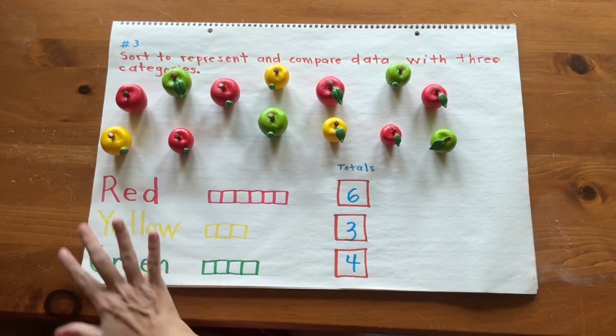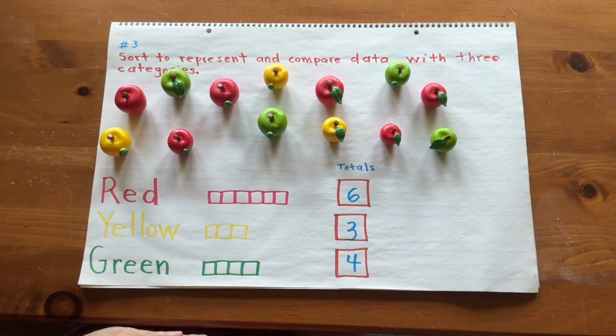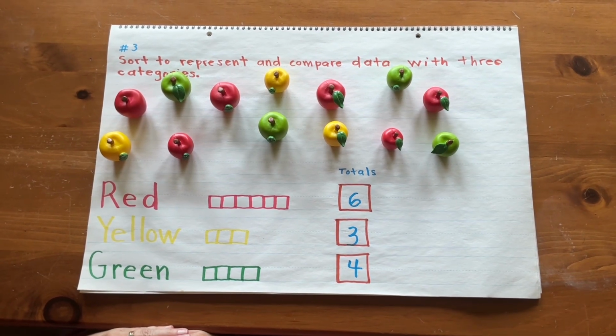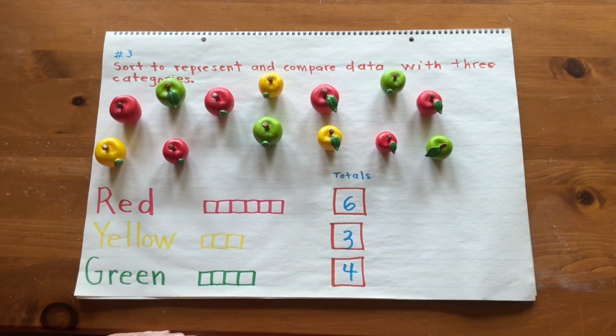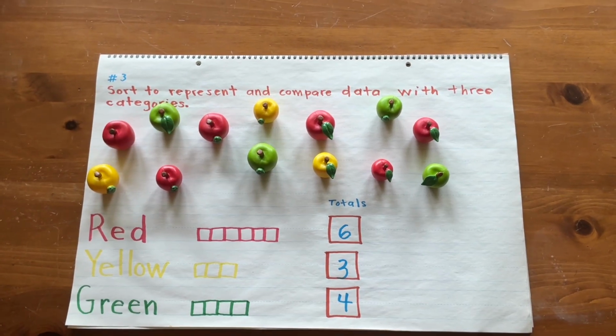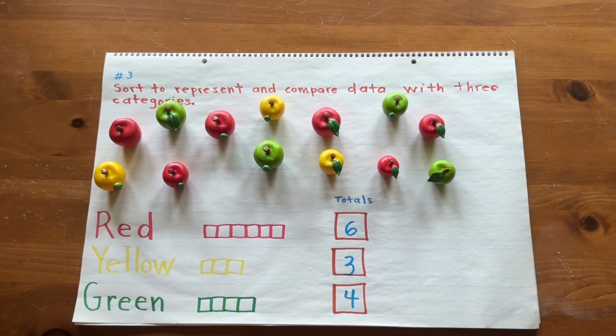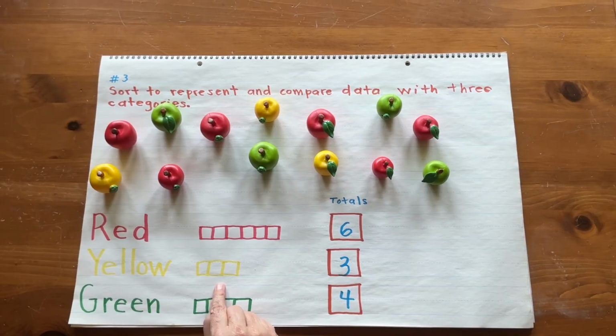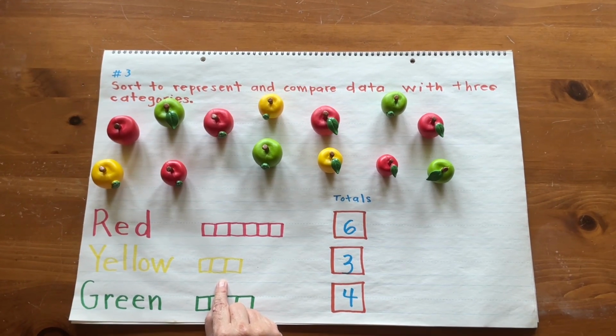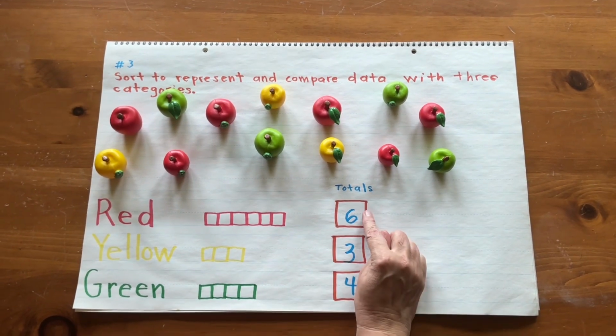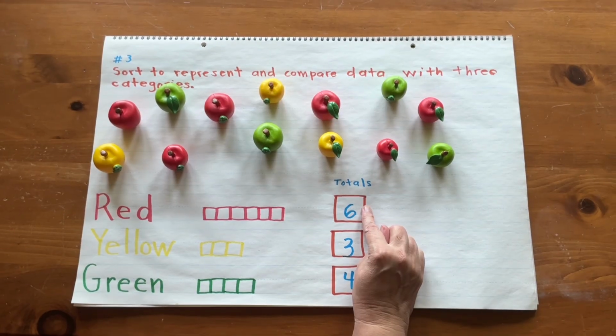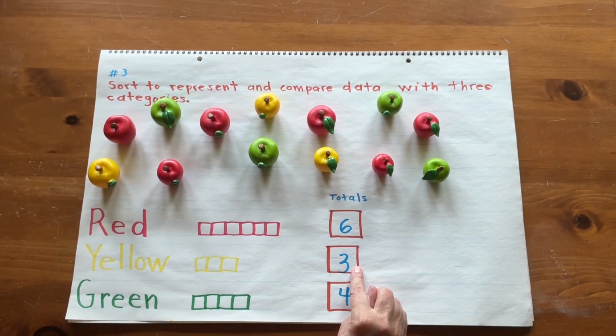Then they can look at their data and compare. I notice that I have more red apples than yellow apples. So that's telling me 6 is greater than 3.